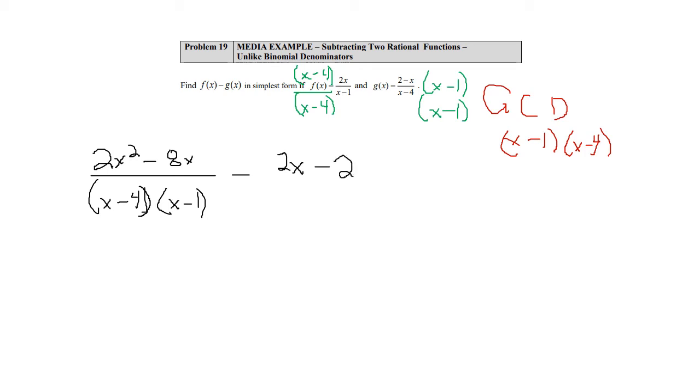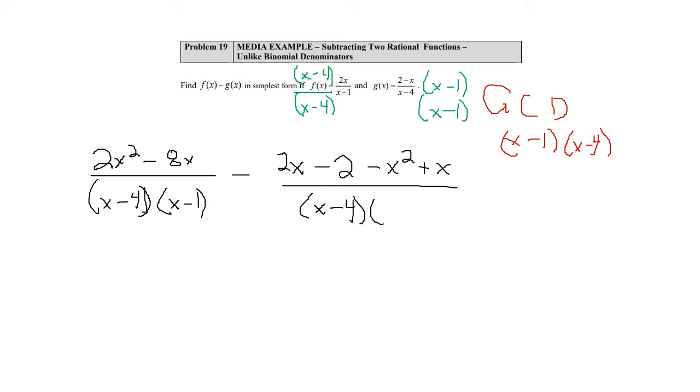Then negative x times x is negative x squared, and negative x times negative 1 will be positive 1x. And then again, I should have the same denominator as on the left-hand side: x minus 4 times x minus 1.